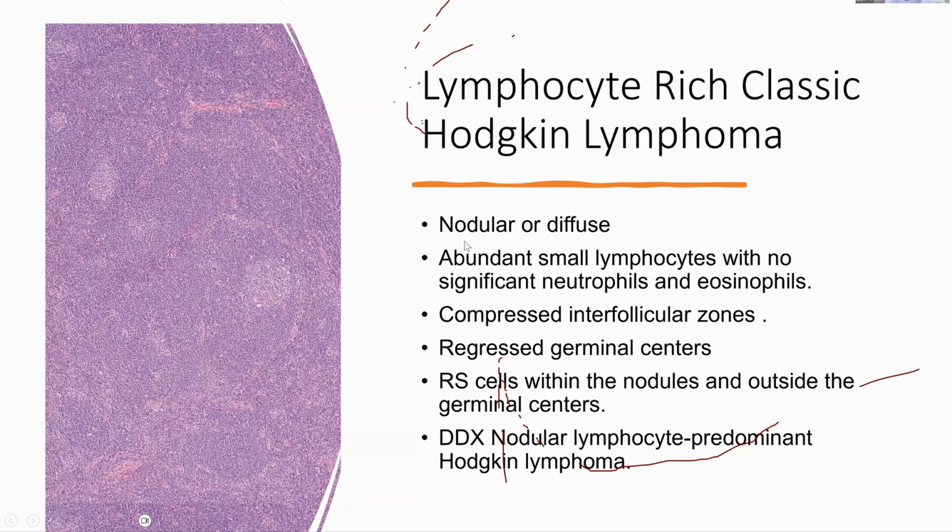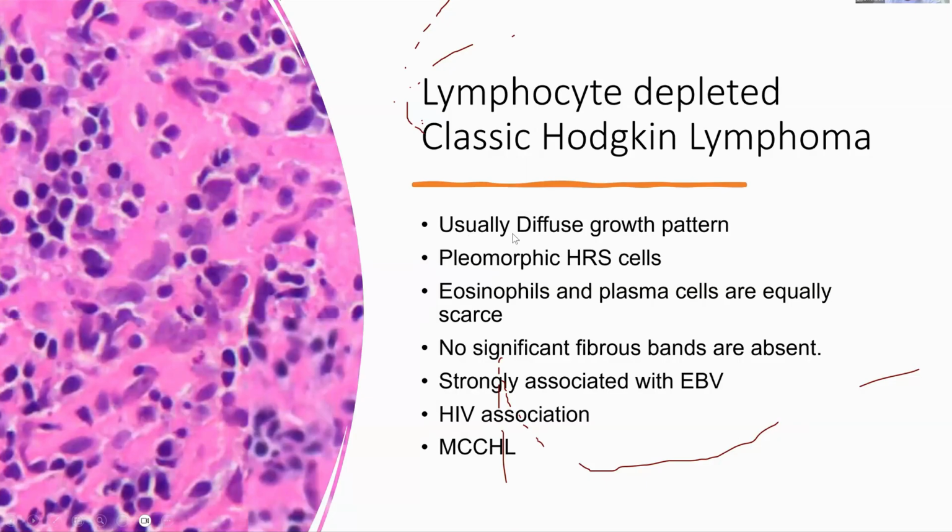The last variant is the lymphocyte-depleted classic Hodgkin lymphoma. Usually it has a diffuse growth, but lots of pleomorphic HRS cells. And the eosinophils and plasma cells are equally scarce, and there are no significant fibrous bands, but there will be lots of fibrotic background.